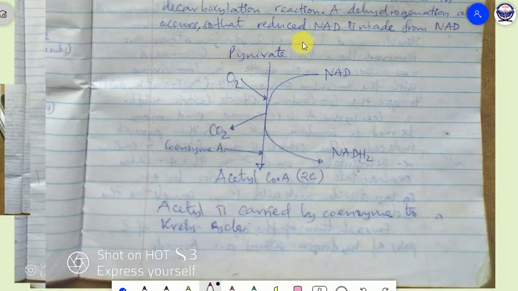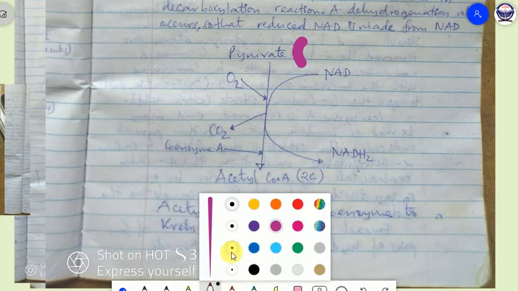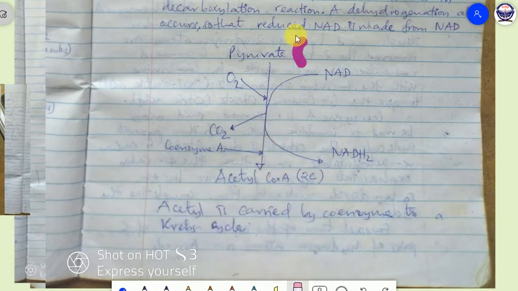We have pyruvate here. This is the 3 carbon compound. Let me just decrease the size of this ink here, so we can understand each other. Now let me rub this first.